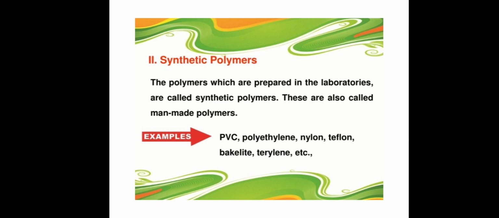The second one is synthetic polymers. These types of polymers, which are prepared in the laboratories, are called synthetic, otherwise called man-made polymers. For example, PVC (polyvinyl chloride), polyethylene, nylon, Teflon, bakelite and derivatives. These all come under synthetic polymers.